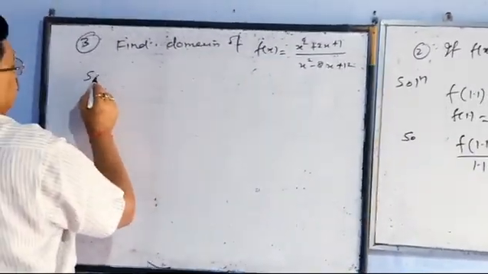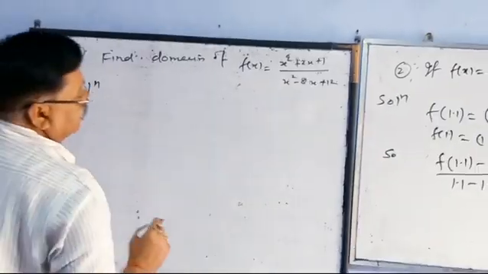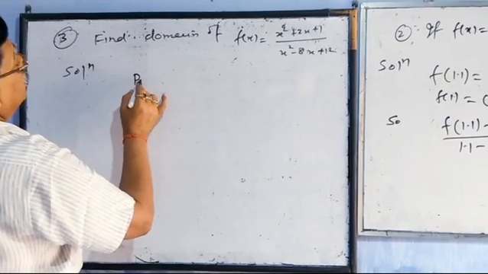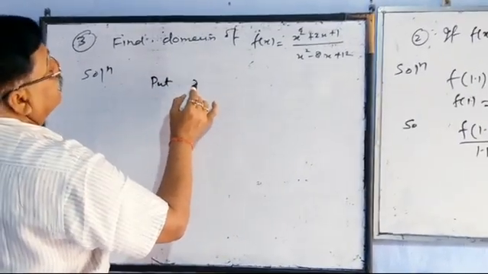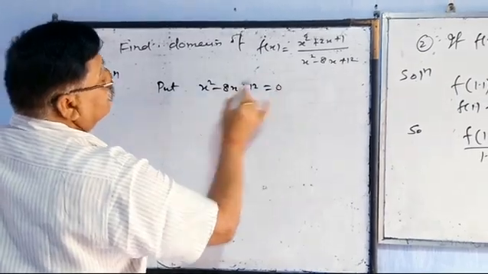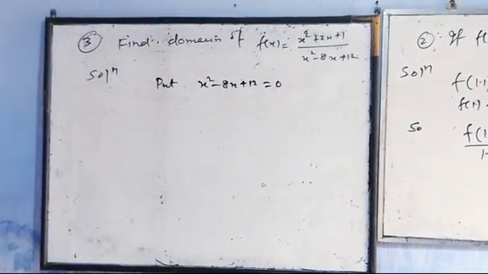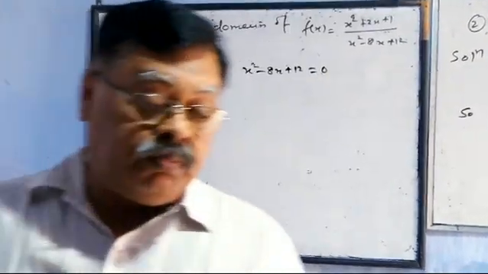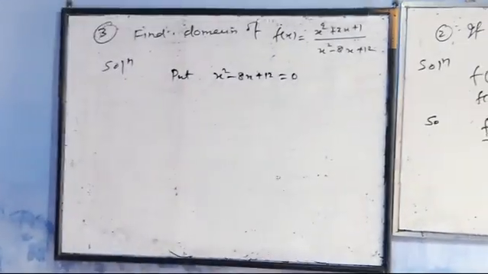Solution, student, it is a rational function. So for finding the domain, put the denominator, that is x square minus 8x plus 12, equal to 0. For any rational function, to find the domain, put the denominator as 0.